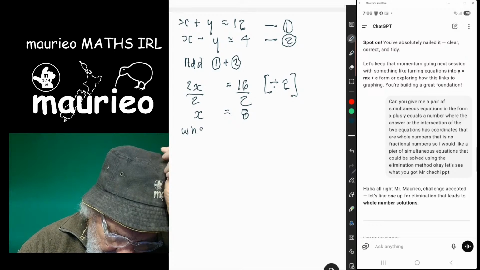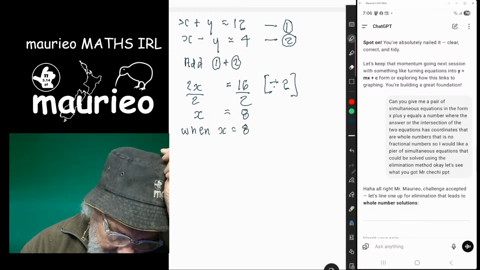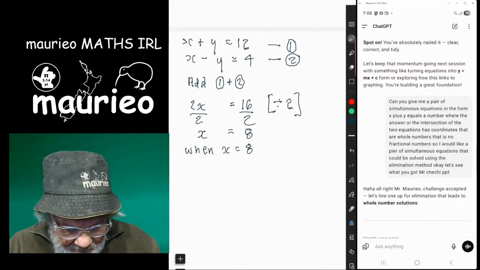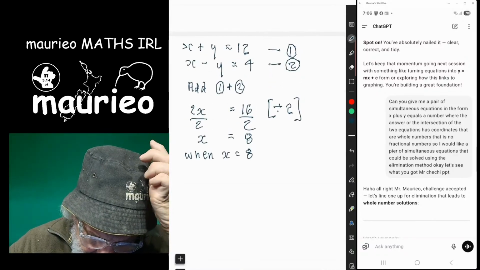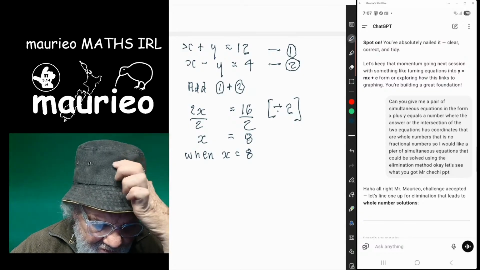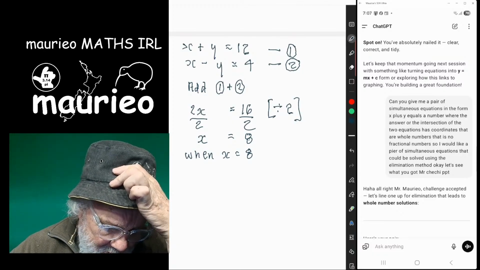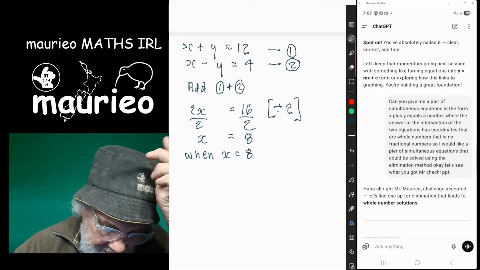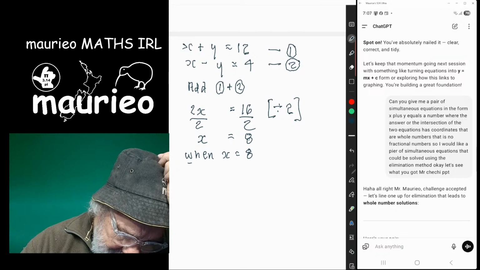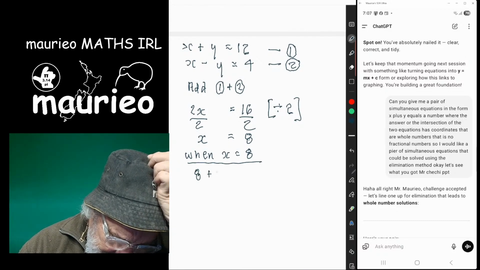So when x equals 8, we can look at equation 1, and say 8 plus y.